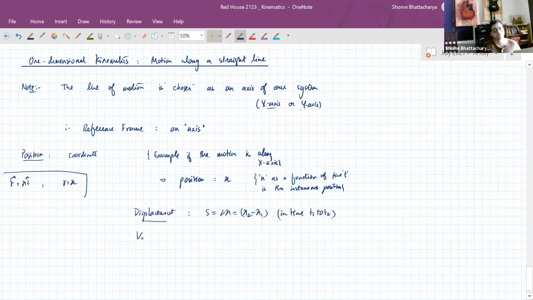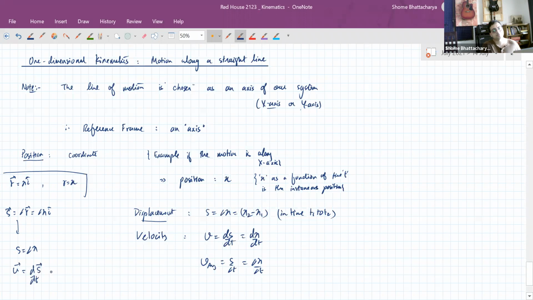The instantaneous velocity will just become ds by dt, which is equal to dx by dt. The average velocity will be total displacement upon time, or delta x by delta t. So instead of defining displacement as delta r, which will become delta x i cap, we just define it as this. Instead of defining velocity as the rate of change of displacement like this, here velocity just becomes dx by dt.